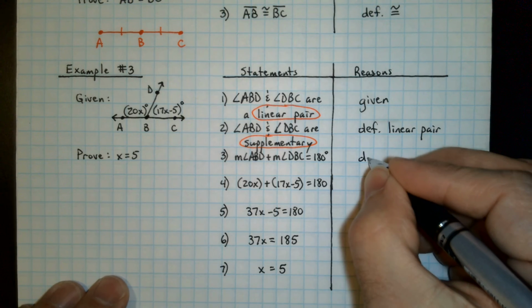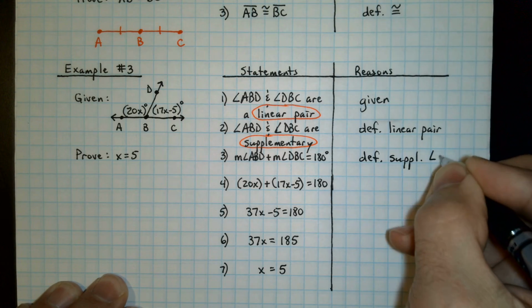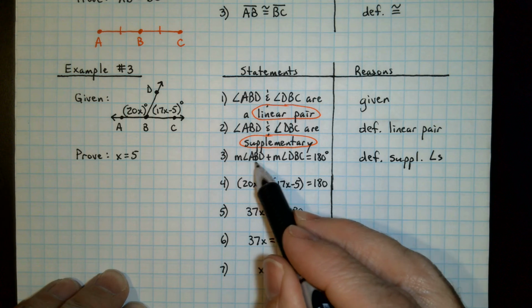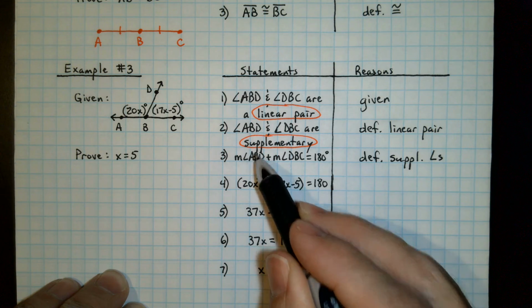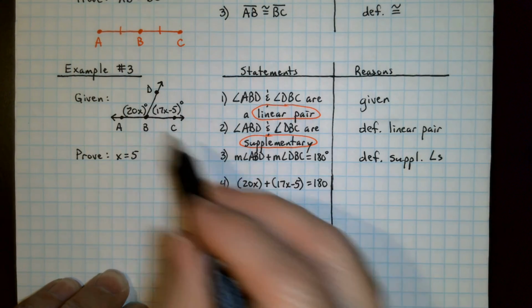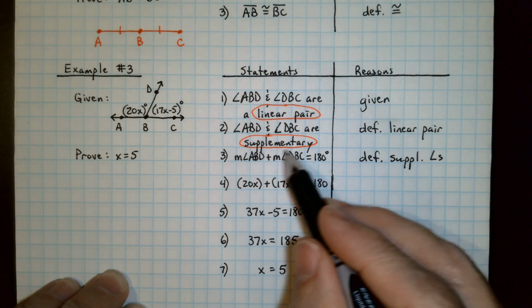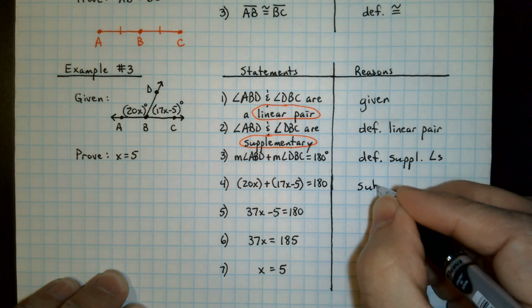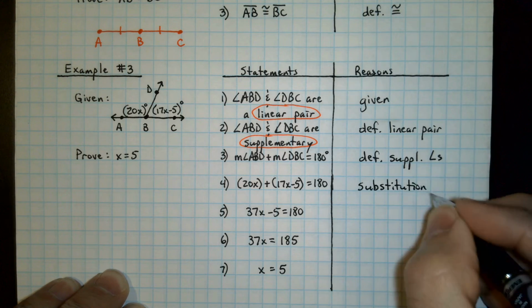So definition of supplementary angles. Now at this point, we are going to take this measure here and replace it with the actual expression from the diagram. And we do that here as well. So we've replaced. Anytime you replace, that is the substitution property.